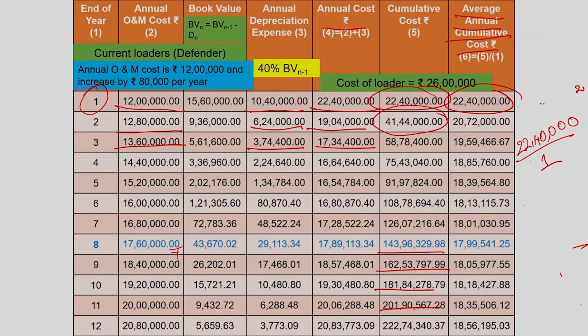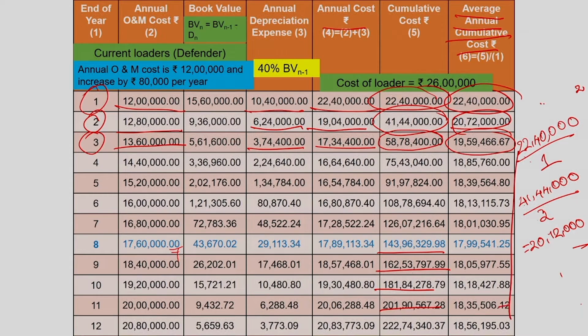Similarly, for the second year, the cumulative cost is 41 lakh 44,000 divided by the number of years, 2, which gives the average annual cost of 20 lakh 72,000. Similarly, divide the cumulative cost 58 lakh 78,400 by 3 years, and that gives you 19 lakh 59,466.67.